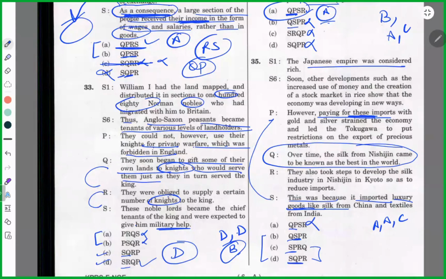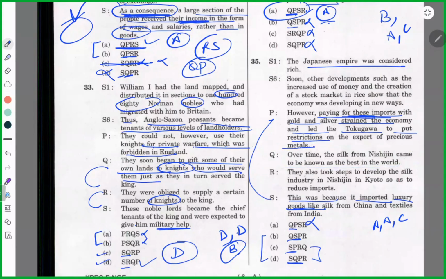They also took steps to develop. They, the Japanese, obviously, also took steps to develop silk. Obviously, they imported silk first, then they took action. However, paying for these imports with gold and silver strained the economy, which led Tokugawa to put restrictions on the export of precious metals.